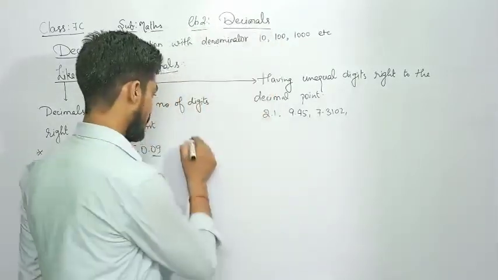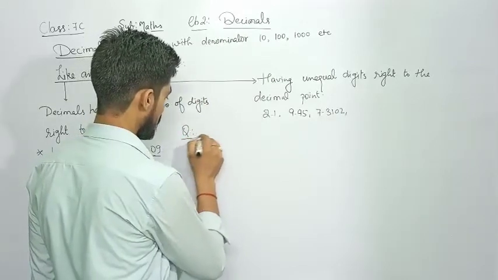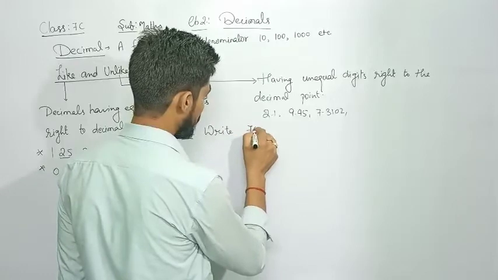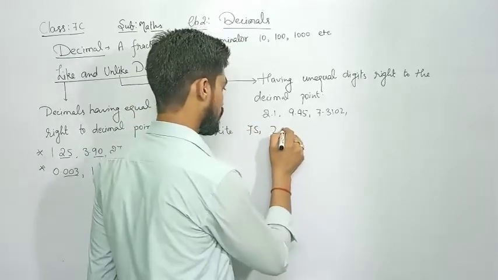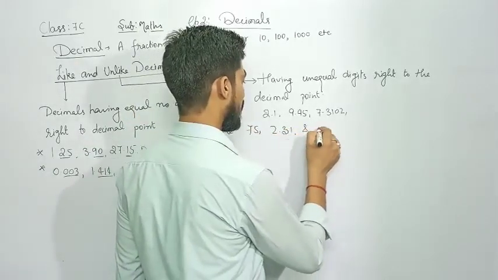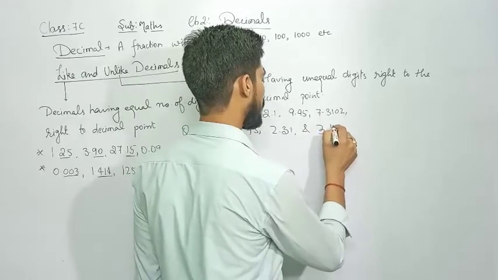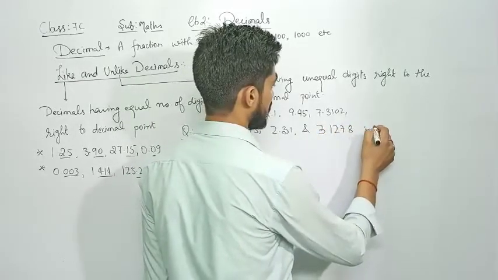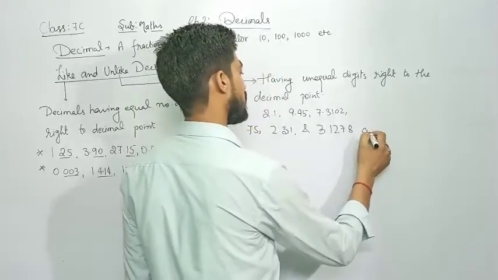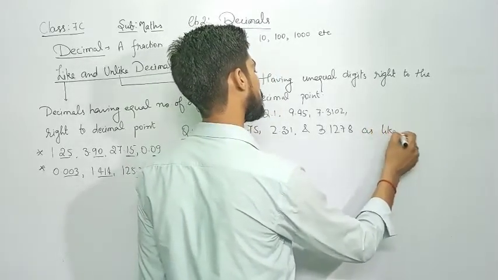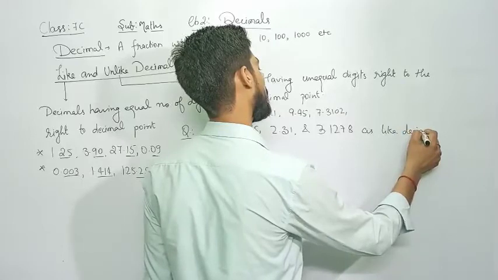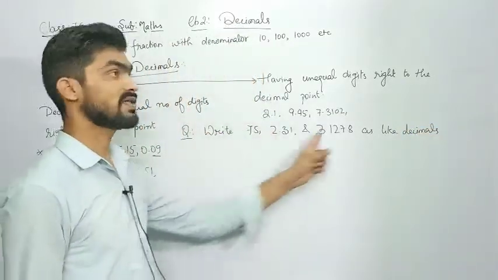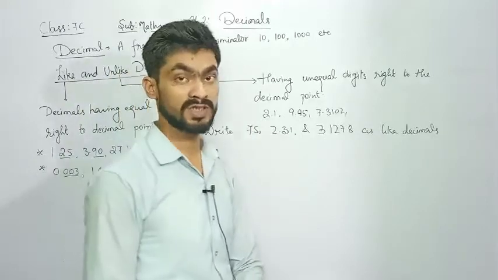For example, the question is: write 0.75, 2.31 and 3.1278 as like decimals. How will you write, my dear children? You will see which number has the maximum number of digits right of the decimal.